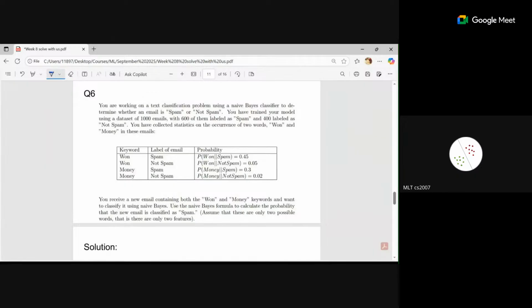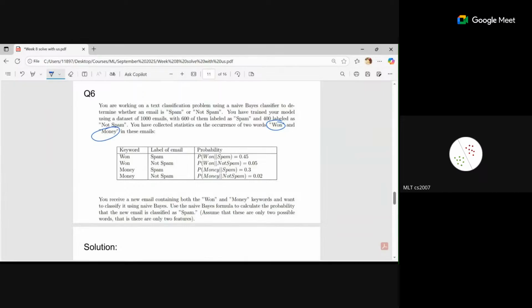So here the question says you're working on a text classification problem using a naive Bayes classifier to determine whether an email is spam or not spam. You have trained your model using a dataset of 1000 emails, with 600 of them labeled as spam and 400 labeled as not spam. You have collected statistics on the occurrence of 2 words, which are one and money.